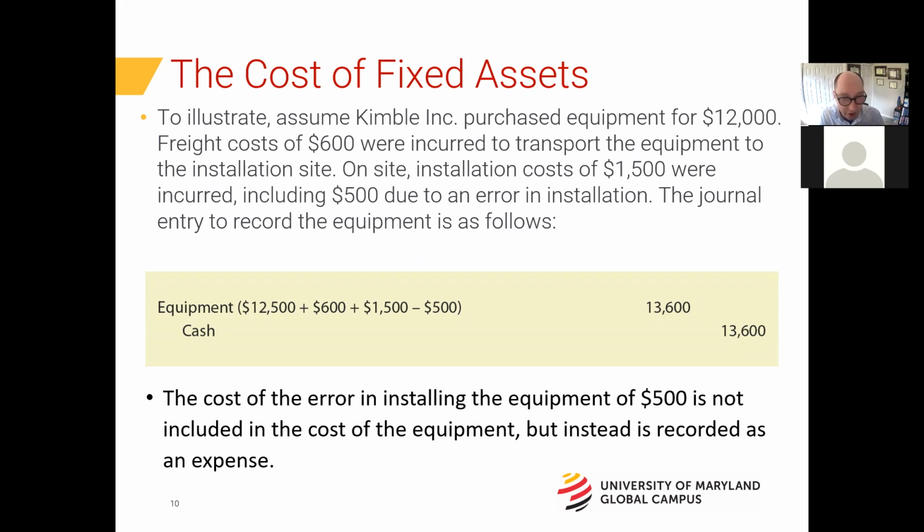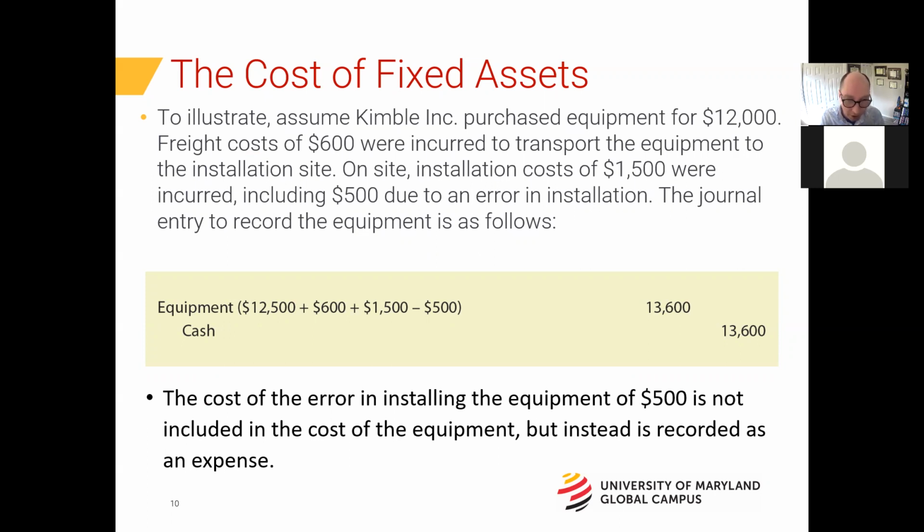To show you this in an example, our company recently purchased a piece of equipment for $12,000. The cost of shipping that equipment to us is $600, and the cost of installation was $1,500. During the installation, however, there were errors made that resulted in damage to the equipment. From that, we subtract $500 as a result of those errors.